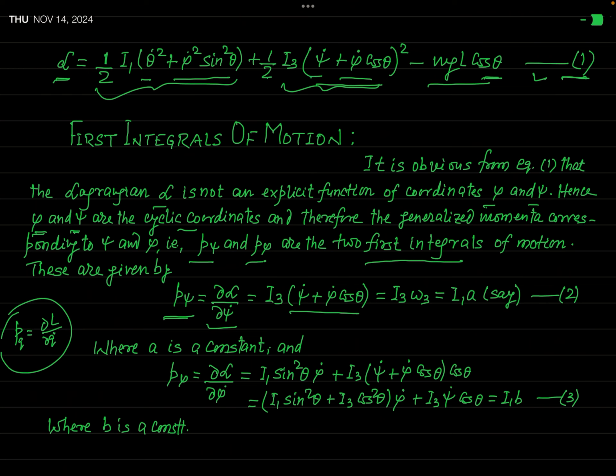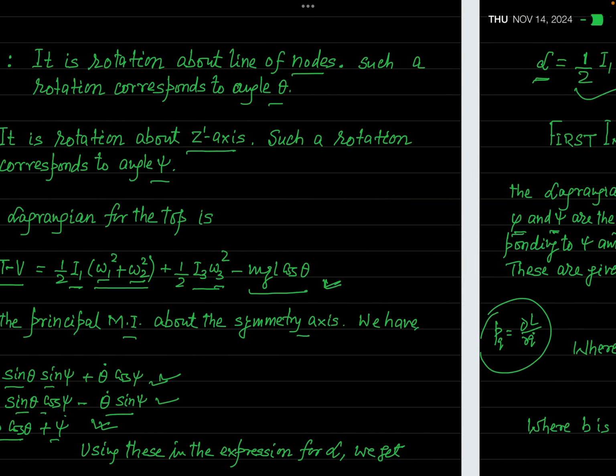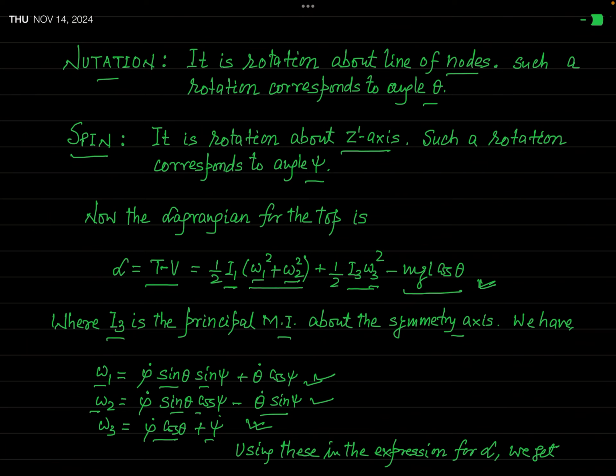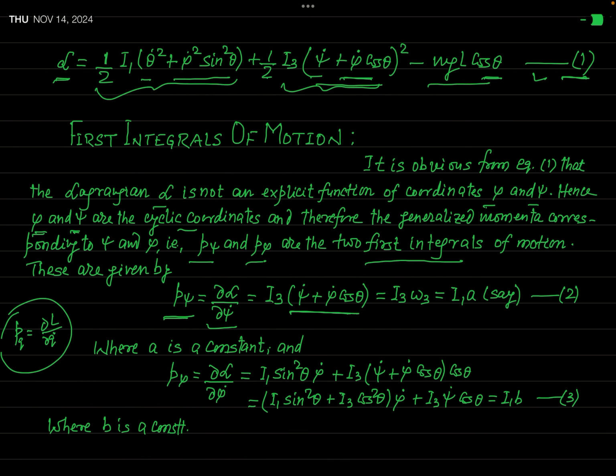The derivative of psi dot with respect to psi dot will be 1, and that of phi dot cos theta will be 0. So this is simply psi dot plus phi dot cos theta. But see, this is actually the third component of the angular velocity vector of the rigid body, that is omega 3. So instead of psi dot plus phi dot cos theta, you can write omega 3.